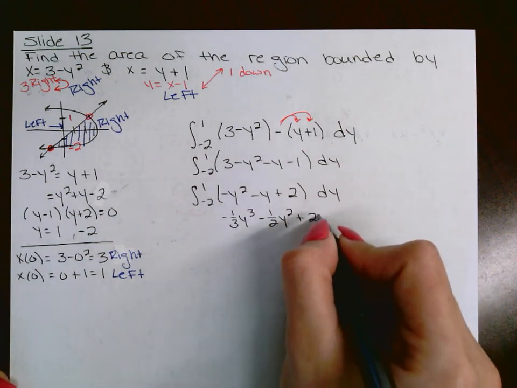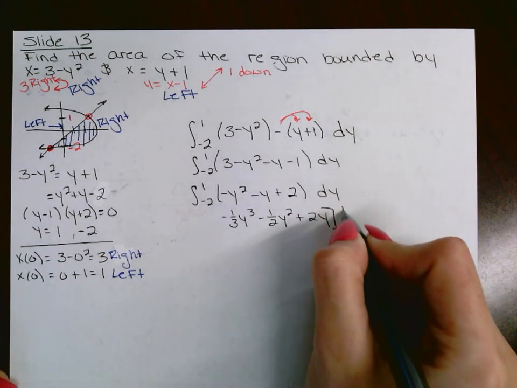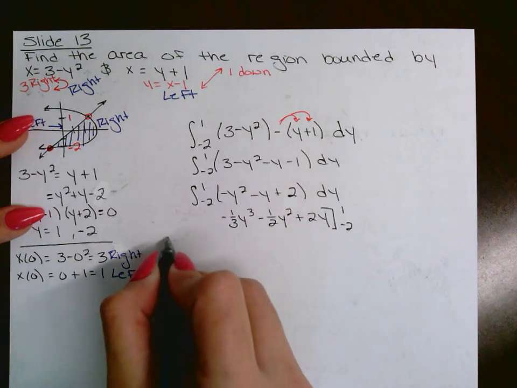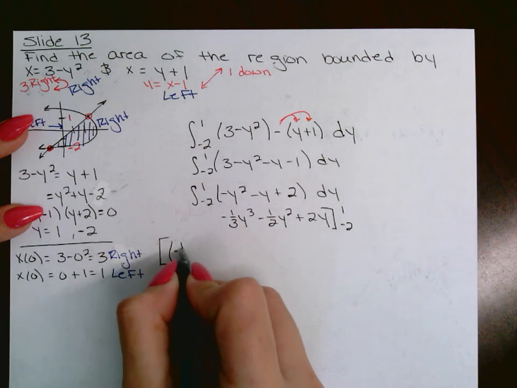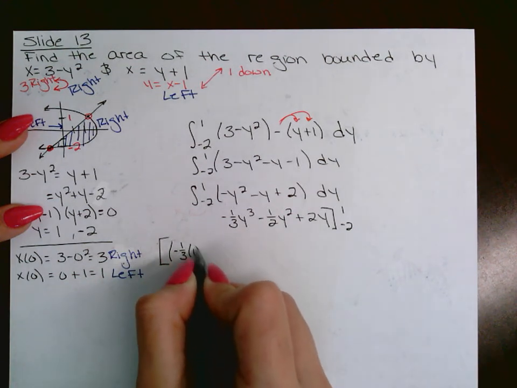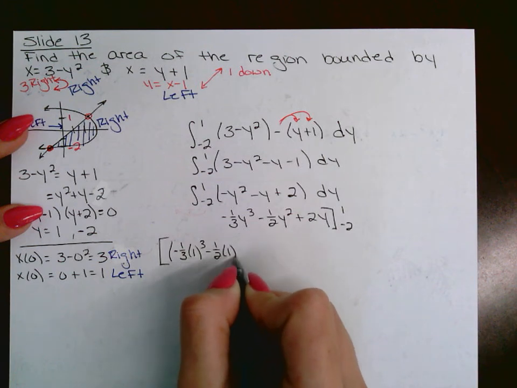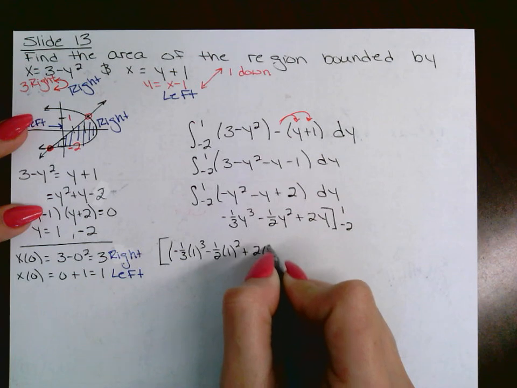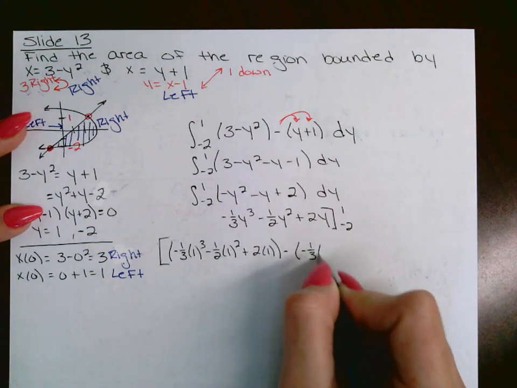Make sure you're not writing x's here. Make sure you're writing everything in terms of y. And then lastly, I have f of b minus f of a.